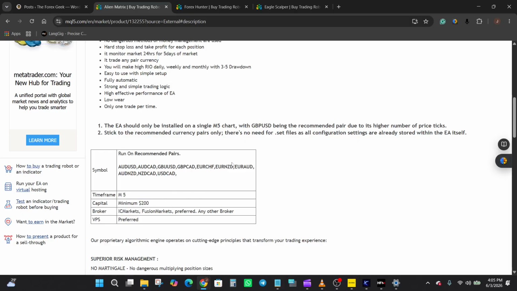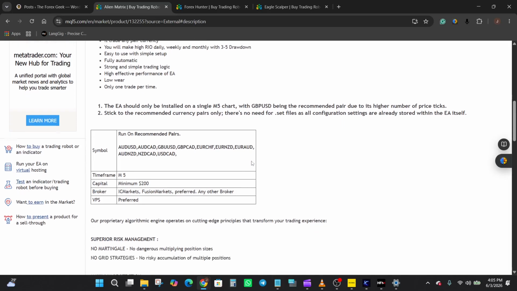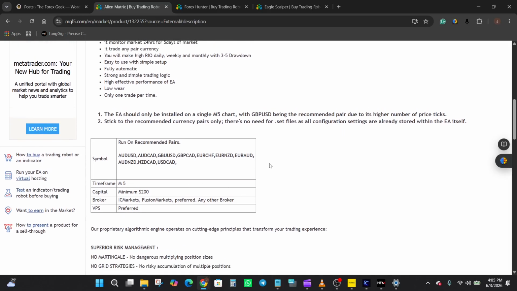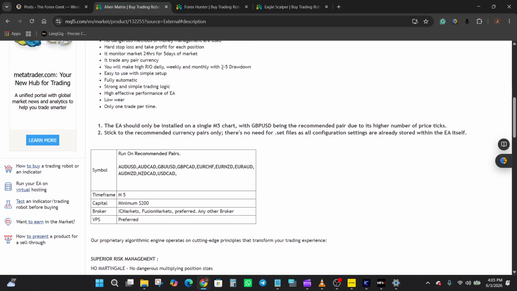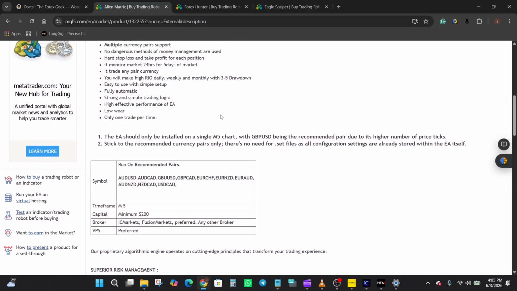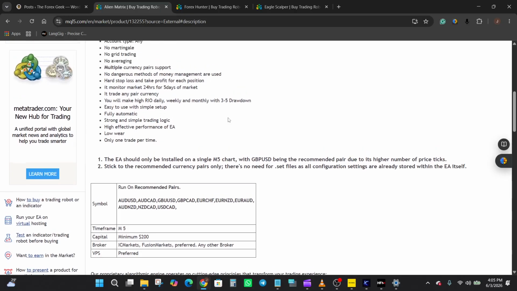They also mentioned that the EA trades relatively infrequently, roughly around 3 to 5 trades per week. So this isn't something that's constantly active on the charts. It's more selective in its approach based on their description. There is also a strong emphasis on risk management here.